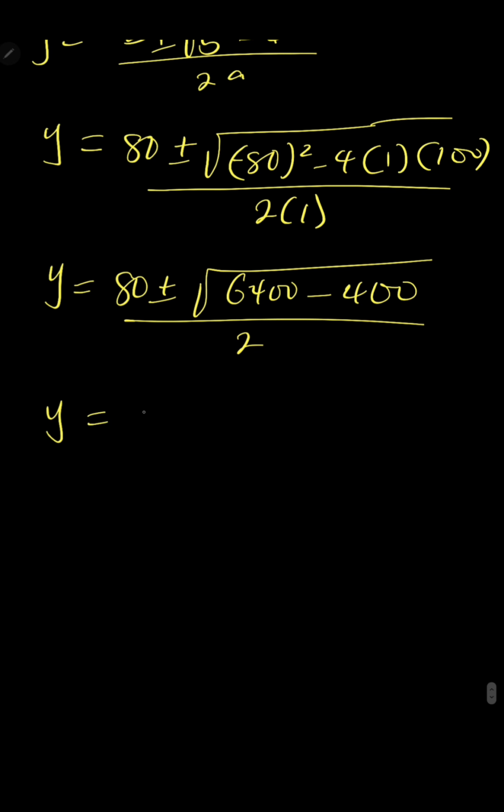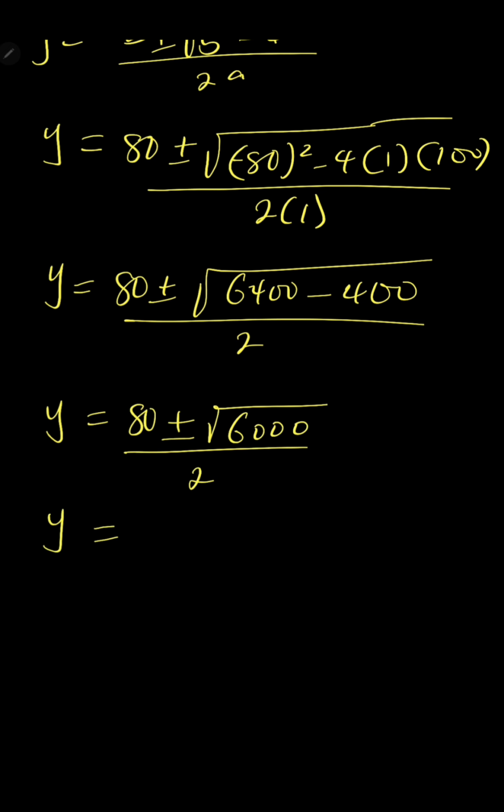So y will be 80 plus or minus square root of 6,400 minus 400, which is 6,000, divided by 2. So y will be 80 plus or minus square root of 6,000, which gives us about 77.46, all over 2.